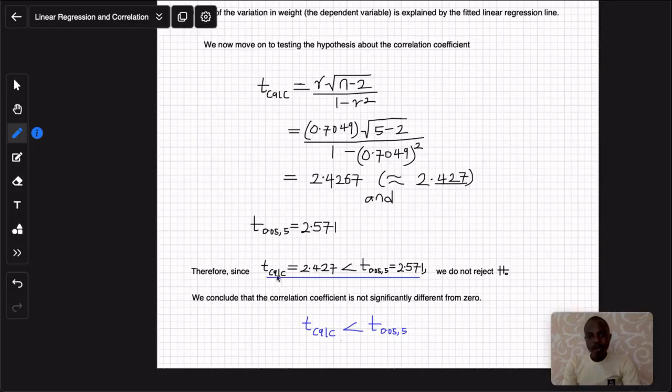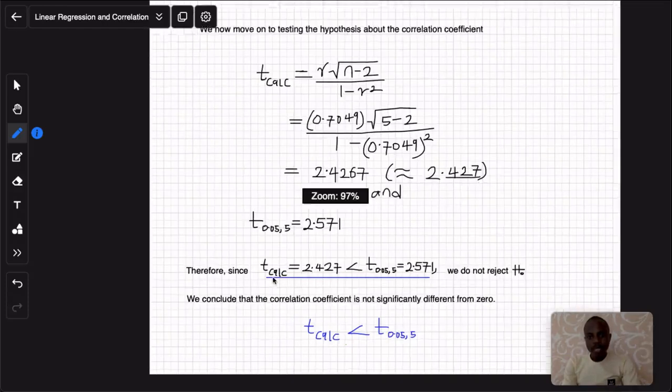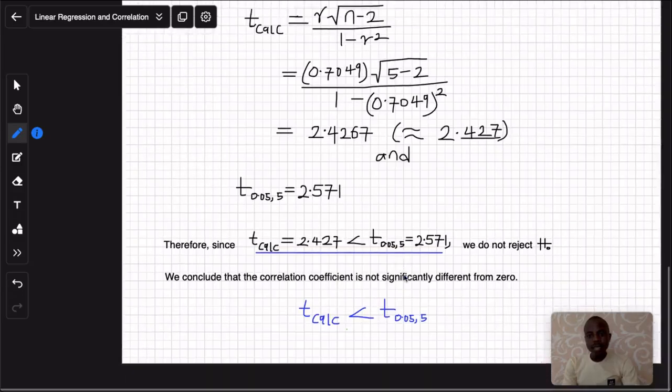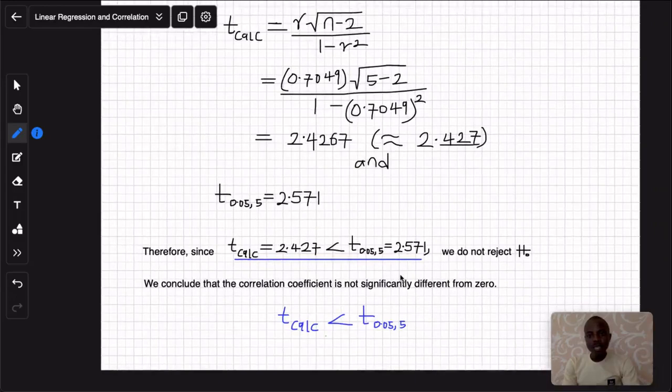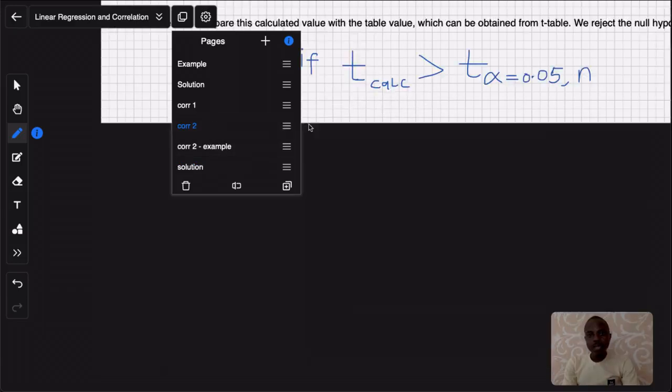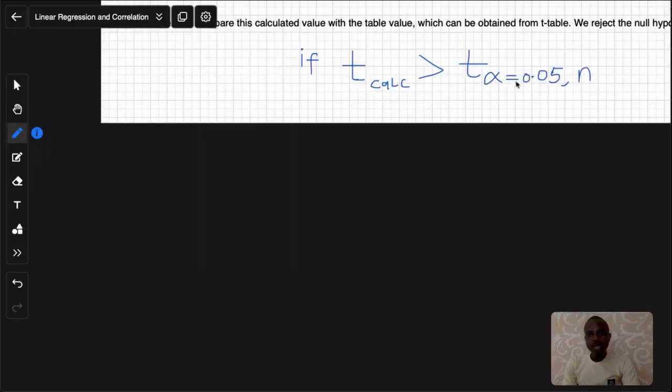Now, a good comparison. You see now that 2.427 is less than 2.571. That means what we calculated is less than what we obtained from the table. In that case, we cannot reject H0, because our rule said that we only reject H0 if what we calculated is greater than what we found in the table.